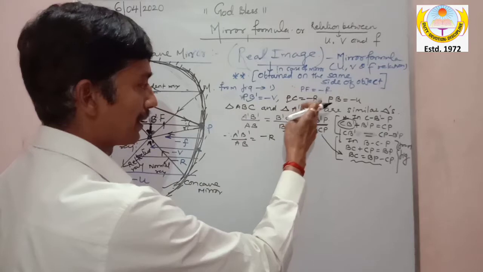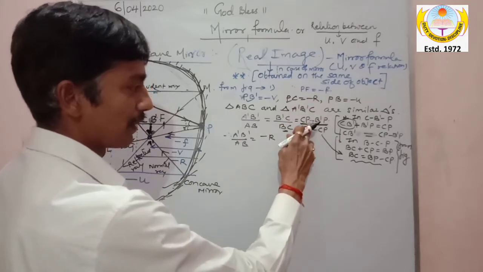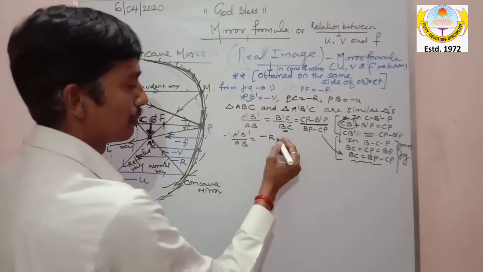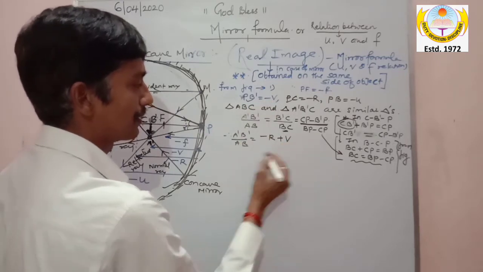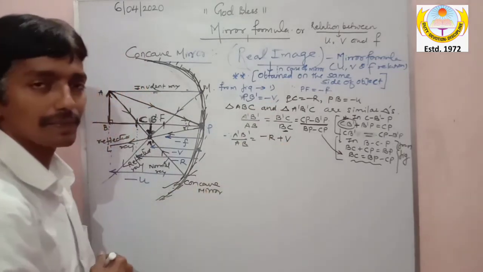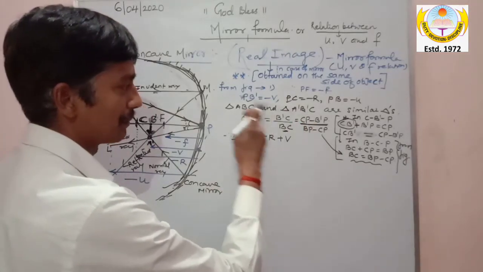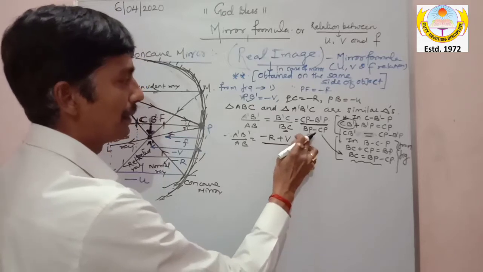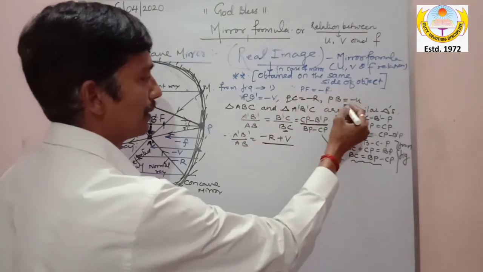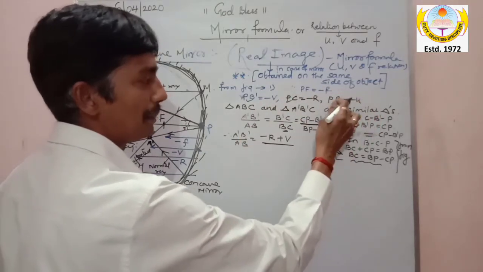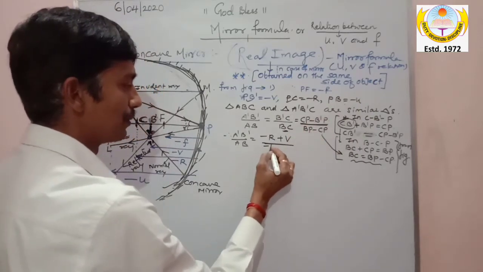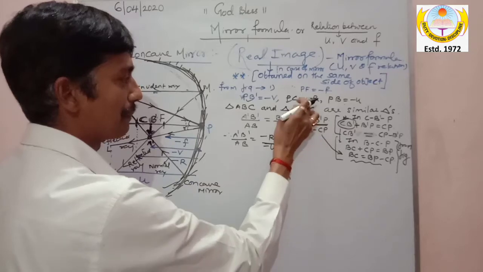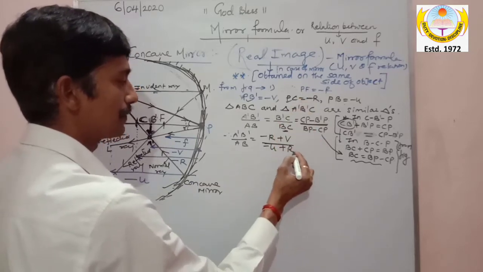So CP is minus R, and minus, here is already minus, and B'P or PB' is minus V. So minus and minus become plus, divided by BP. How much is BP? Minus U or PB. So here it is minus U minus CP. That is minus R. Minus again and minus become plus R.